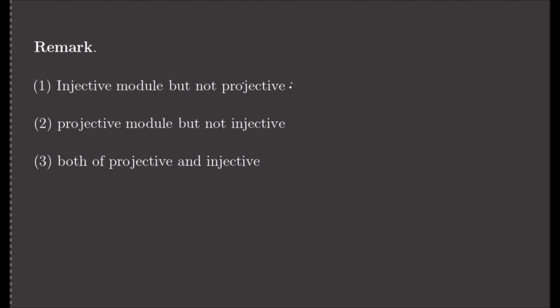In the example which I already referred to, the answer is the rational numbers over Z. If Q is a Z-module, then this is clearly an injective module because of the property of being divisible.